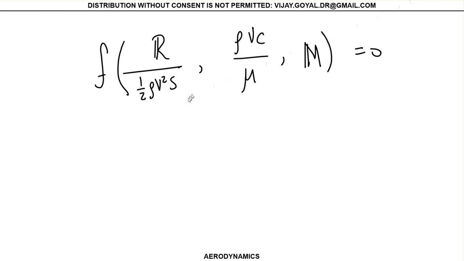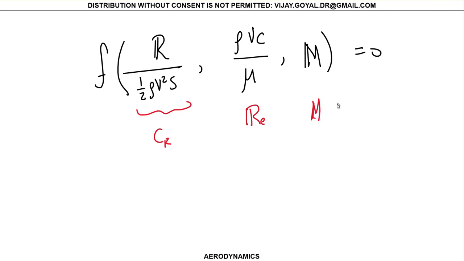So if you remember, this is nothing else than C_R, so it's non-dimensional. This is your Reynolds number. This is your Mach number.